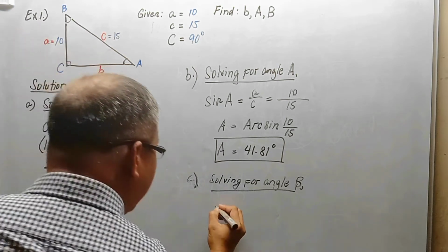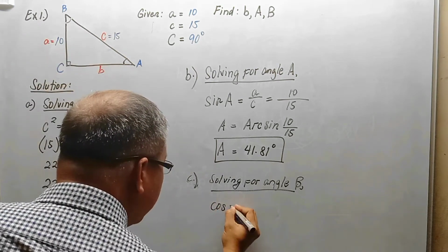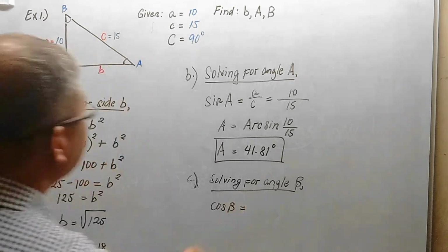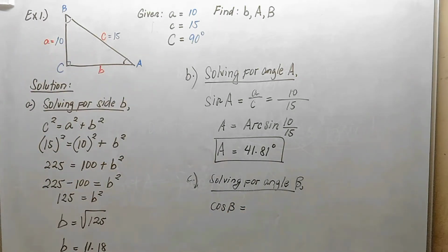So cosine B is equal to adjacent over hypotenuse. Cosine B, adjacent over hypotenuse.